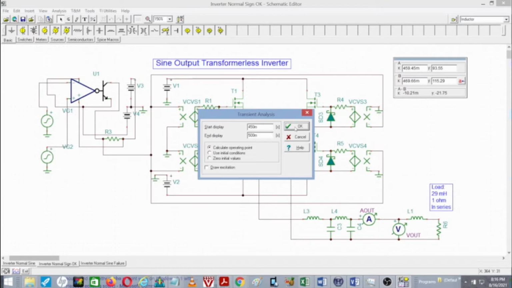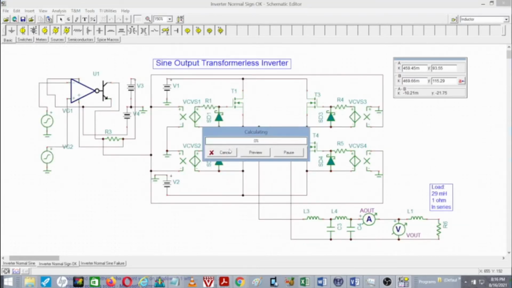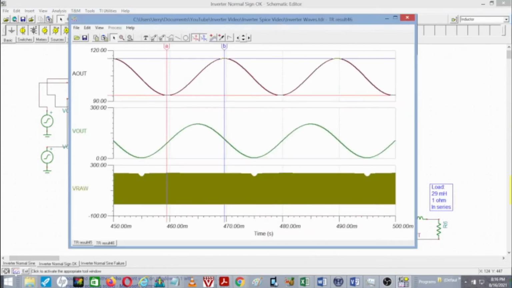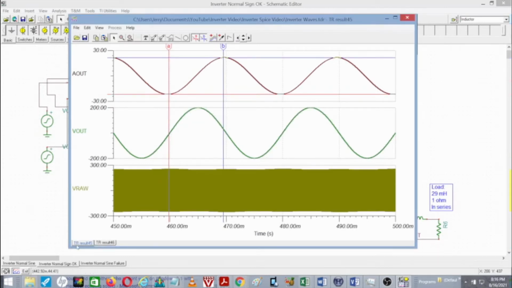But that simulation will require 10 minutes. So what I have done is I have conveniently stored the simulation result that was done previously.